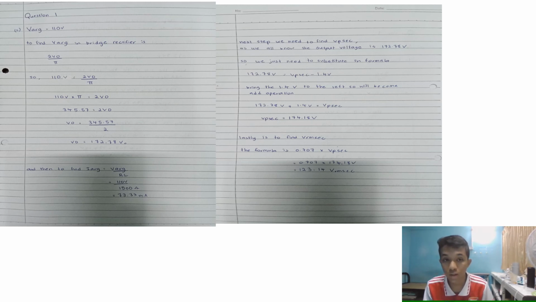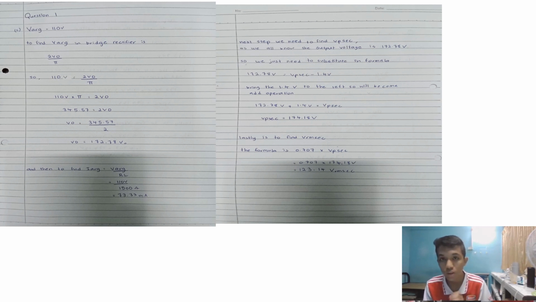So 110 volt is V average, equal to 2V out divided by pi. So we need to find V out. 110 volt times pi is equal to 2V out. We carry the 2 to the left so we can find V out.